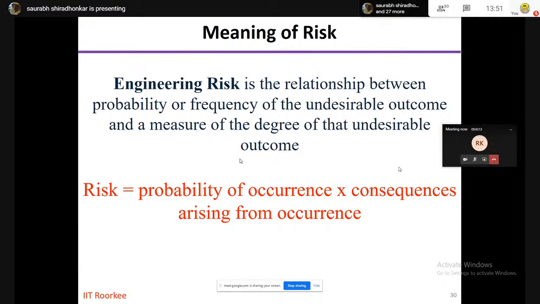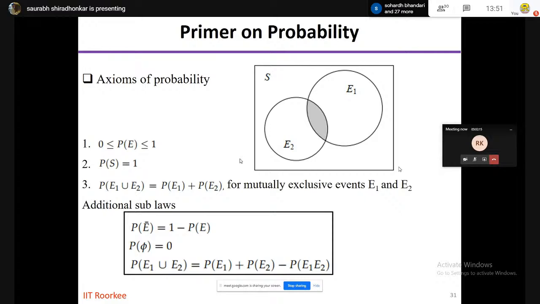To understand this definition of risk, we need to brush up our concepts of probability. So I will start with a different subject altogether in today's discussion, which is probability. And again, I'll be coming back to its application to earthquake engineering.